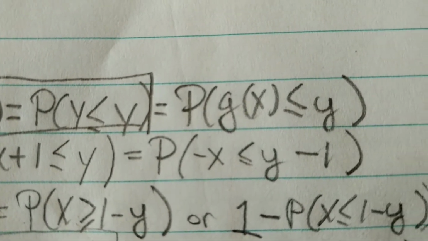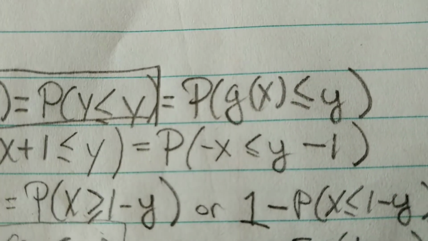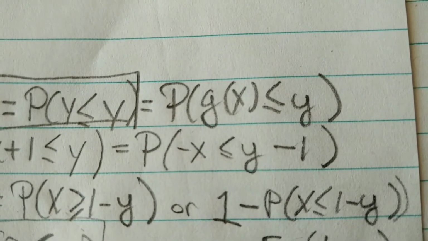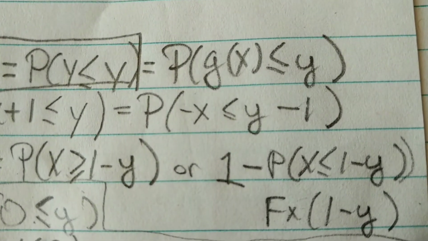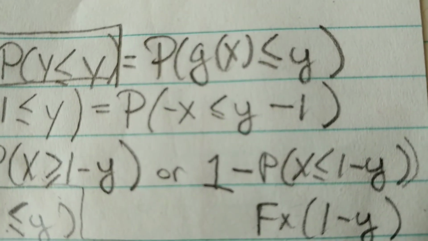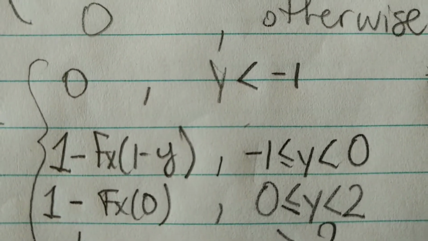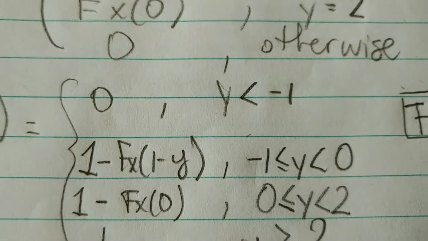That's also the same as rewriting 1 minus the probability of x being less than or equal to 1 minus y. And that right part of the equation, that's Fx of 1 minus y. So that's essentially where the 1 minus Fx of 1 minus y comes from. And then for the next one, it's a little more intuitive.